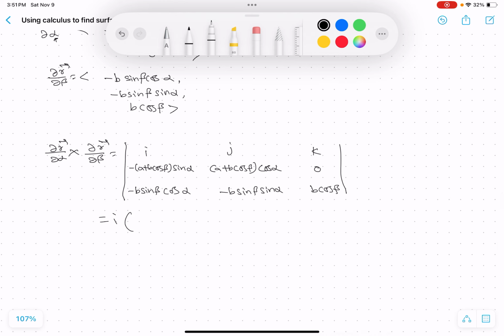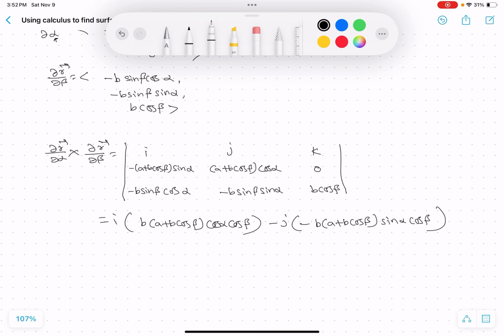Now this is just b times a plus b cos beta times cos alpha cos beta, right? Now there will be negative j, and the product will again be minus b times a plus b cos beta times sine alpha cos beta. Is this it?